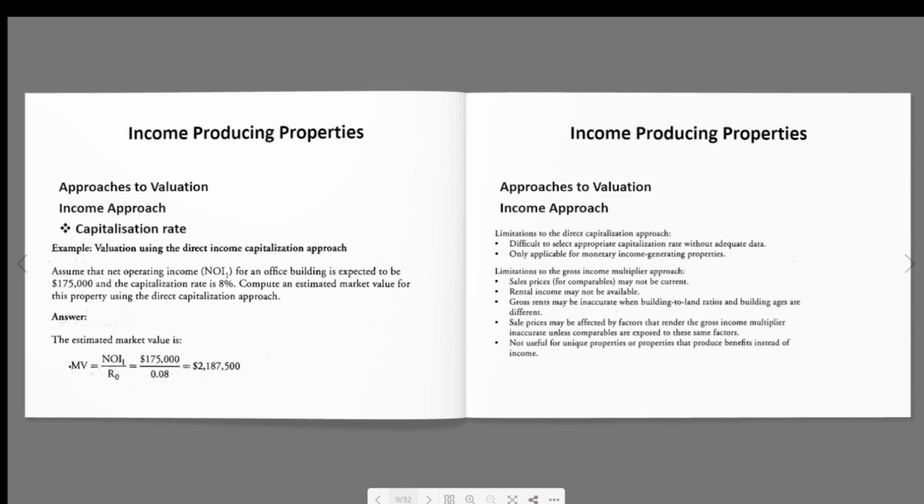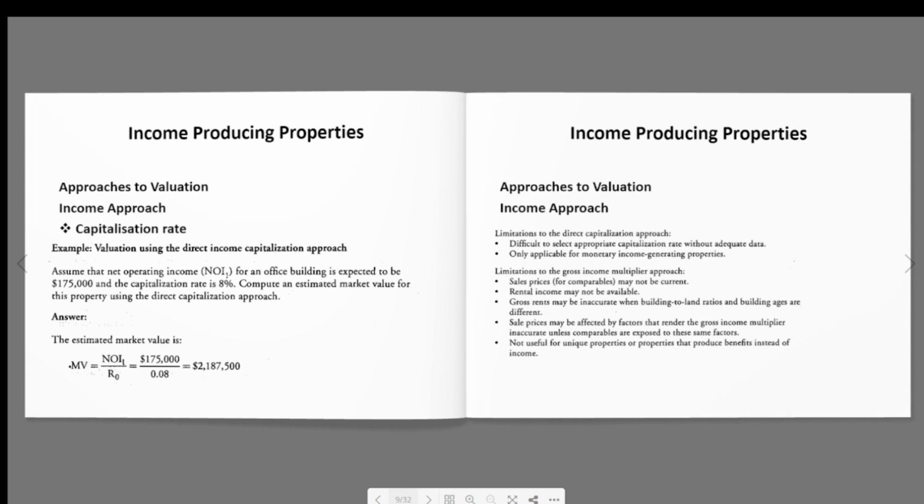So with this, we'll take our net operating income and divide it by the capitalization rate. So this will be $175,000 divided by 0.08, and we'll find the estimated market value to be $2,187,500.